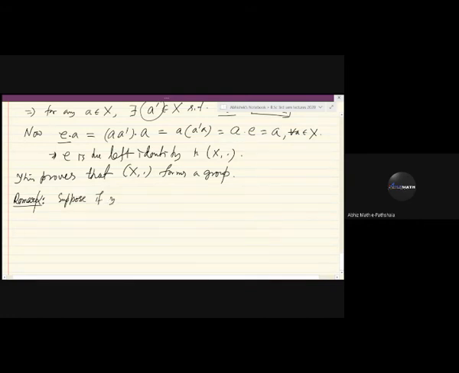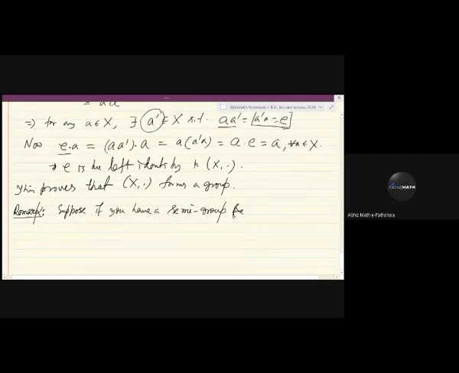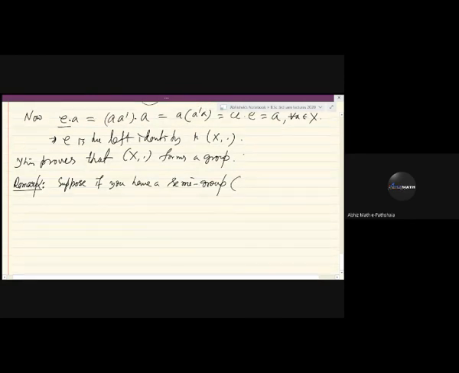if you have a semigroup, suppose it is X dot.